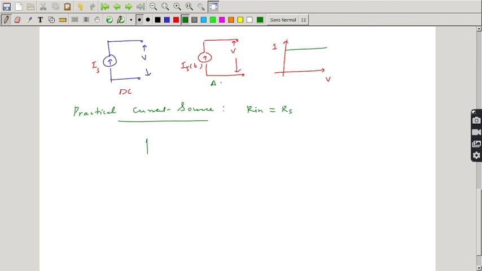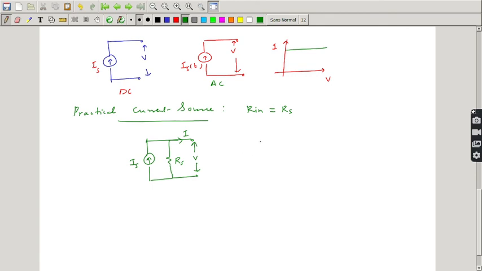Take a current source, and there is an internal resistance connected in parallel to the current source. This is IS, this is RS, this is the terminal voltage V, and this is the current flowing from the source.